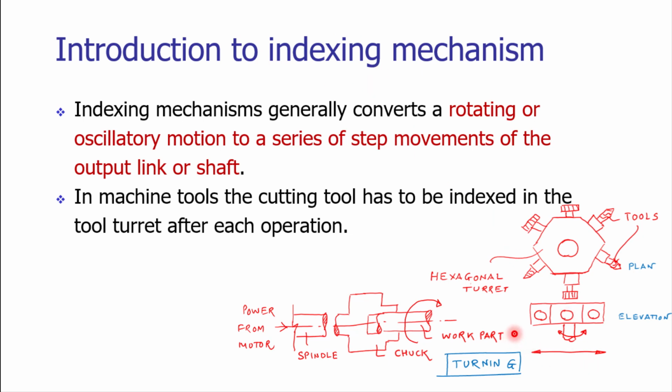So as per the need, we are rotating the turret. The tool will come in contact with the work part by the longitudinal movement of the cutting tool with respect to the work part, and then we get the required operation done, that is reduction in the diameter.